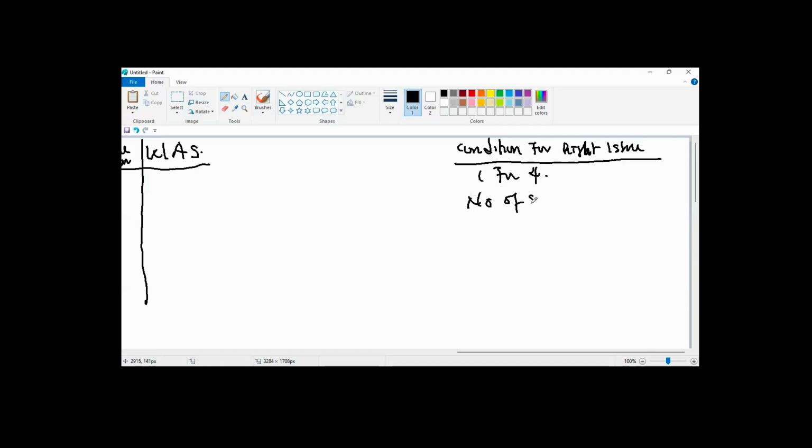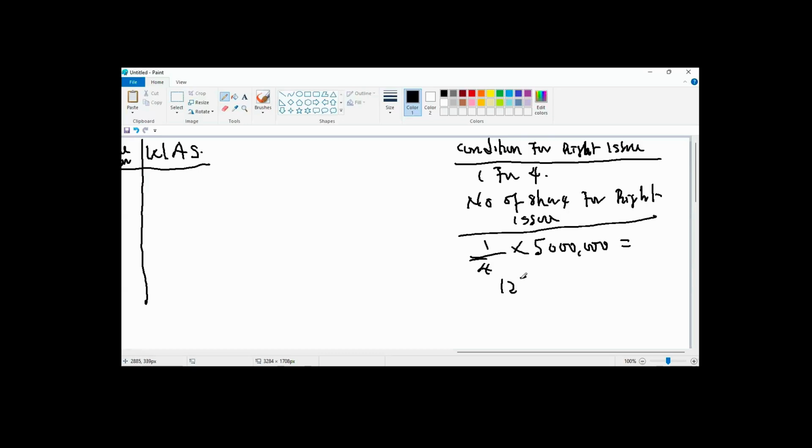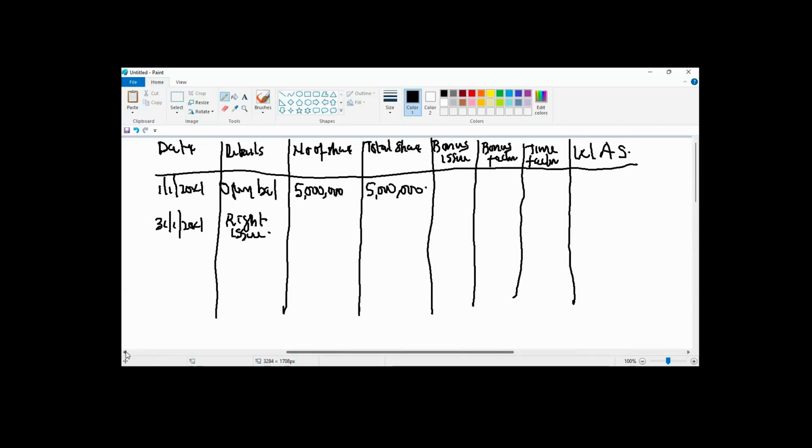So numbers of shares for the right issue: 1/4 times the 5 million, which is 1,250,000. This will give me 6,250,000. That's it.